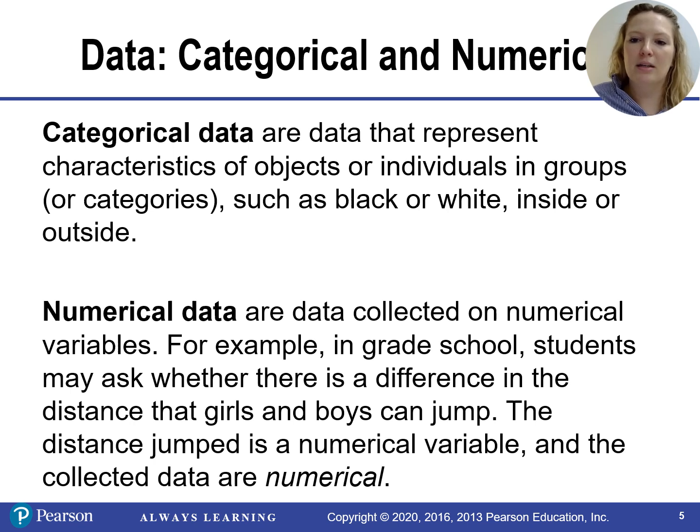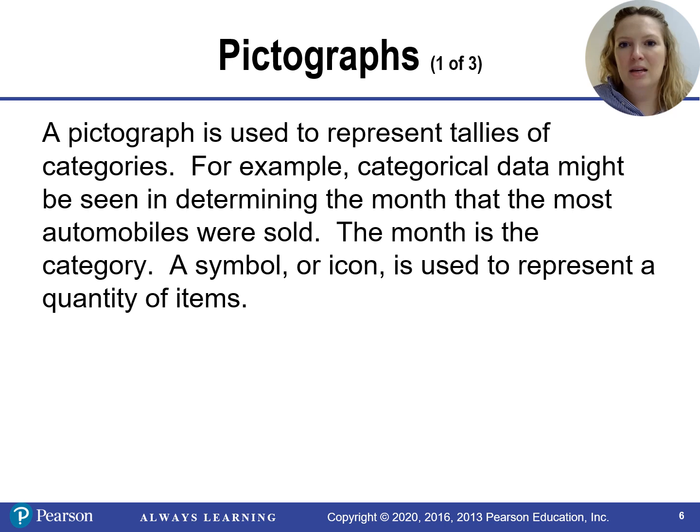So in grade school, students may ask whether there's a difference in the distance that girls and boys can jump. The distance that's jumped is a numerical variable, and it's collected as numerical data. And this would also be things like heights or dollars.